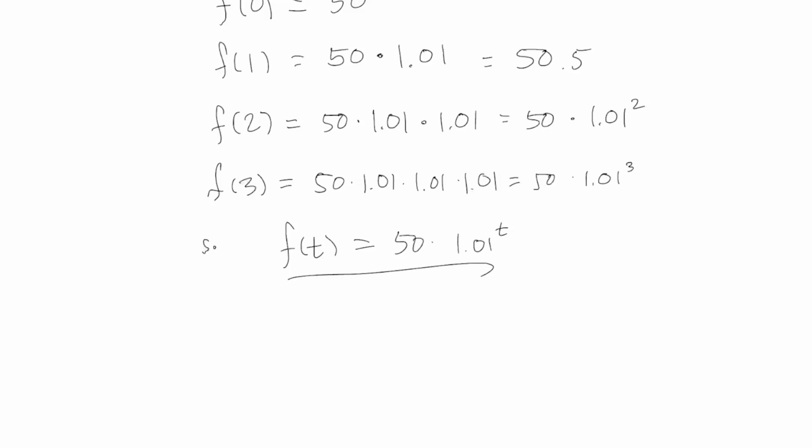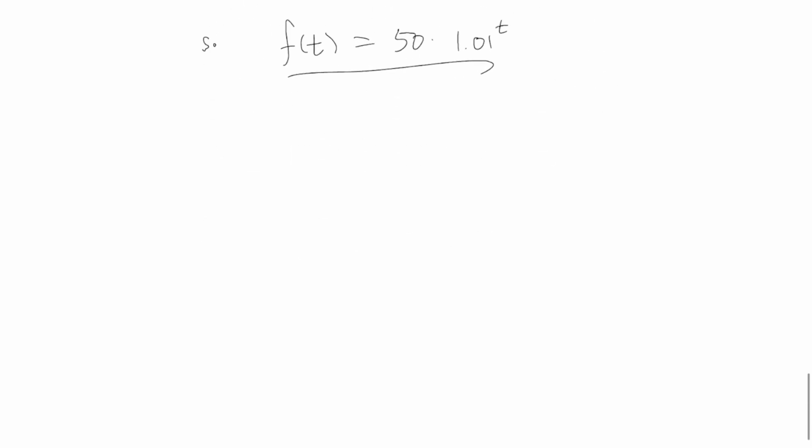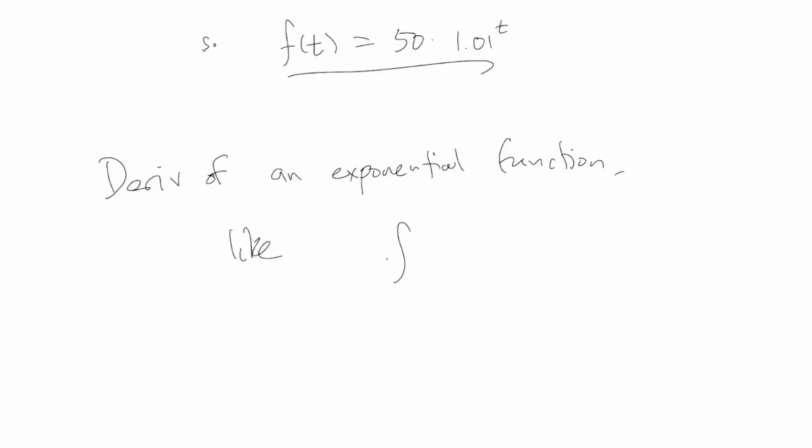What about if I wanted to take the derivative of such a thing? So how about the derivative of an exponential function? Generally speaking, these things look like f of x equals a to the power x.